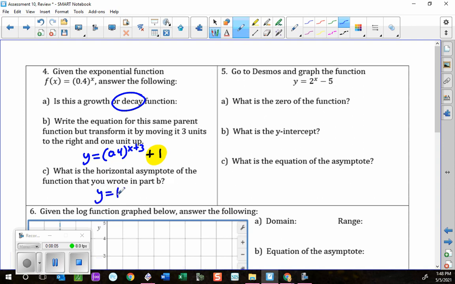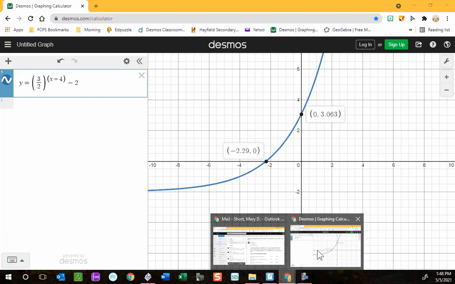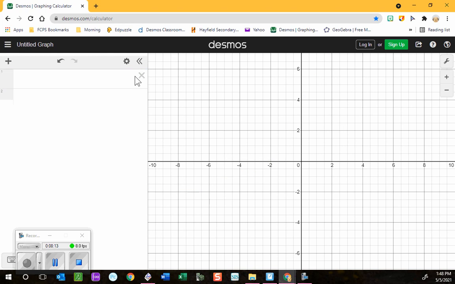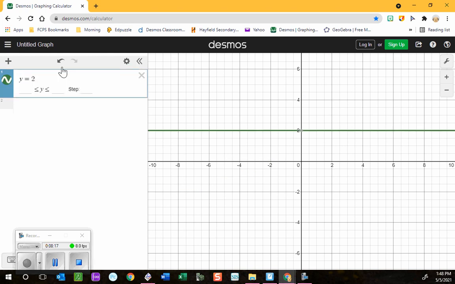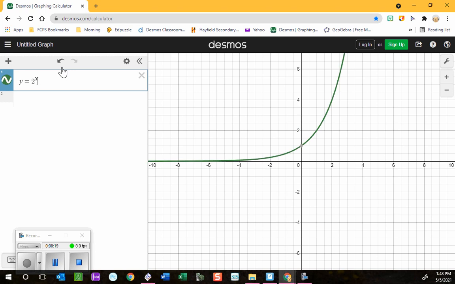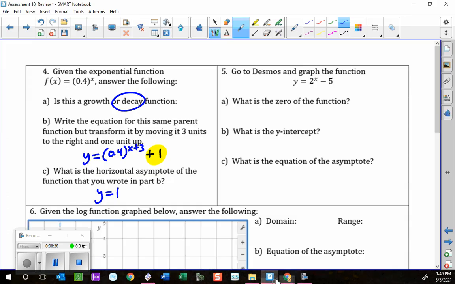All right, so go to Desmos number 5 and graph this function, 2 to the x minus 5. All right, here we go. So 2 to the x minus 5. All right, and I think it was asking me for the 0 in the next question, right?